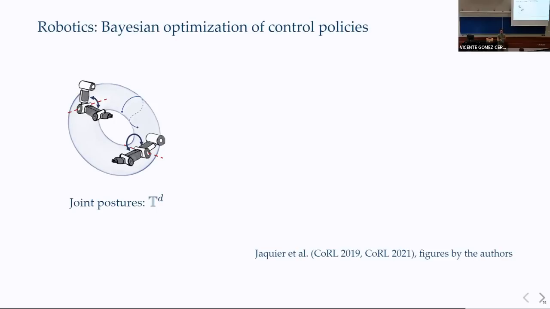Maybe you are parameterizing your policy by an initial posture of some part of the arm. If the joints of the arm are circular, and if you have an arm constructed from many of those, you have a product of circles, which is a hypertorus, a manifold.